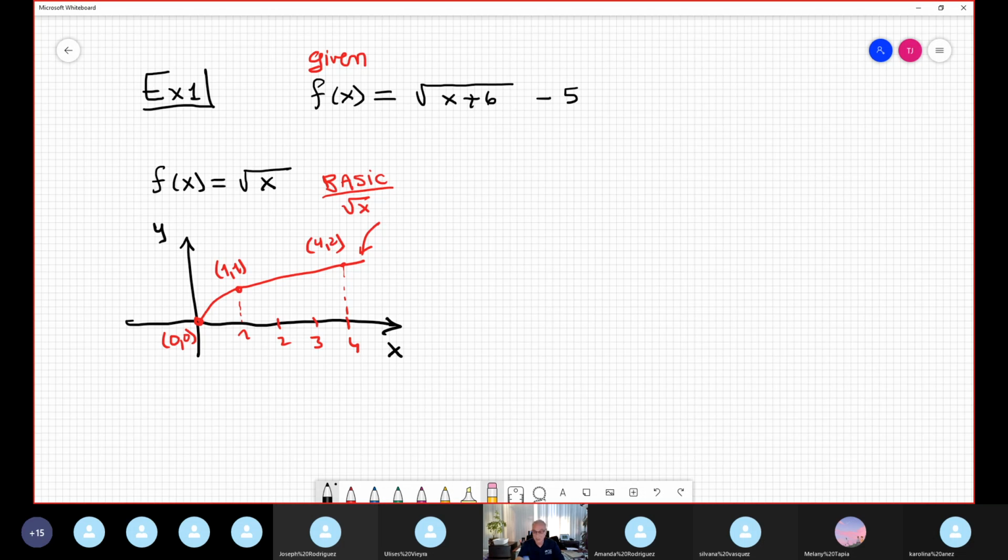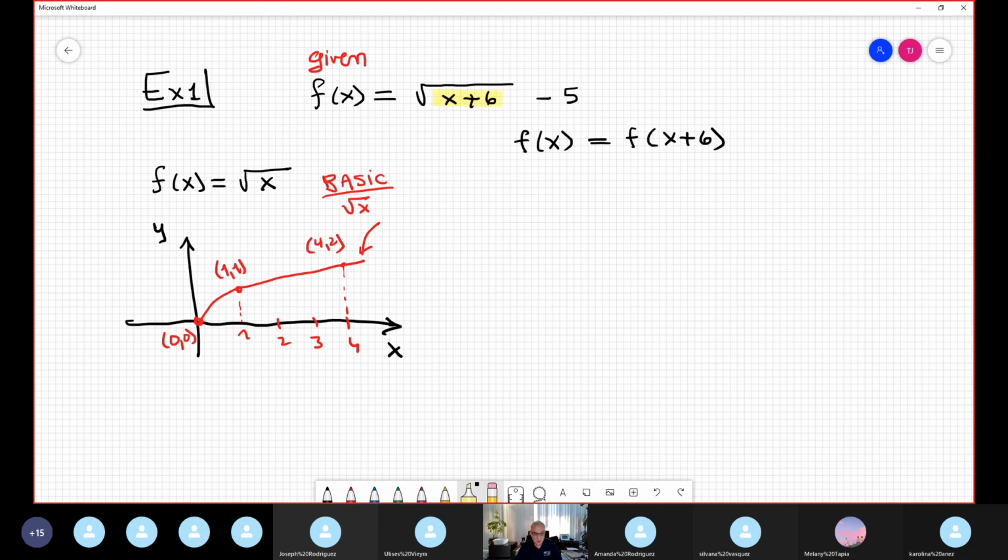A radical is considered like a parenthesis, a grouping symbol. The operation inside the grouping symbol has the higher priority. And plus 6 is equivalent to saying, look, this is f of x, the original. So I propose you do this transformation, x plus 6. Just replace x with x plus 6.